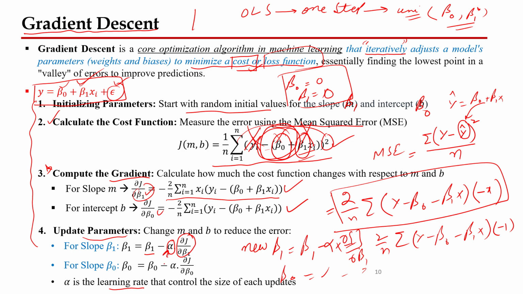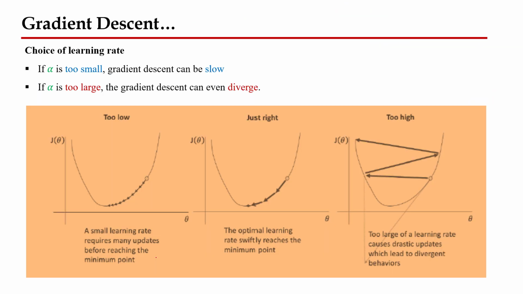Now let's talk about how we are going to decide the alpha. Remember that if we pick alpha too small, the gradient descent algorithm is going to work very slowly. That means in every iteration, when we update the parameters, the change in those parameters is going to be quite small.